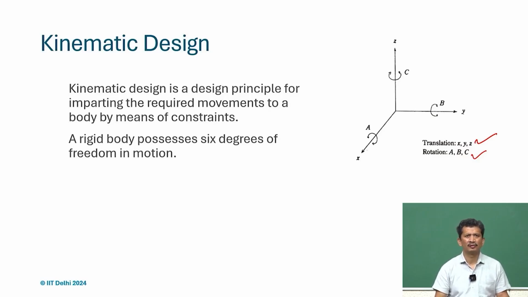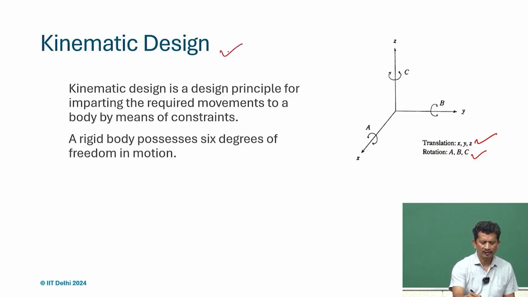If we are talking about translation in x, it can move in both positive and negative directions and it is 1 degree of freedom. So, it is 6 not 12. Same with the rotation, it can be clockwise or anti-clockwise, both ways. It is still considered as 1 degree of freedom.